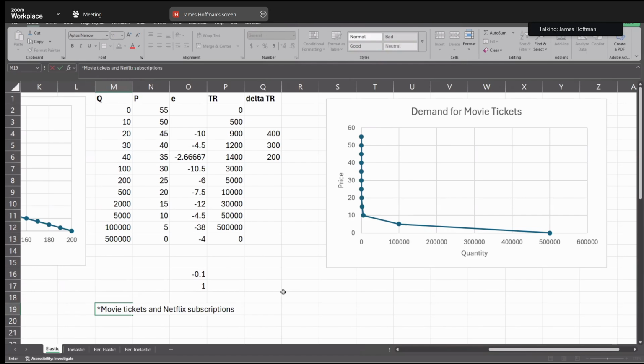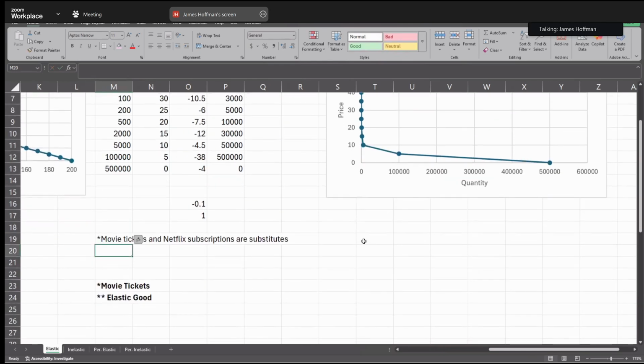Movie tickets and Netflix subscriptions are substitutes, right? Okay. So let's say that good X equals movie tickets. And then good Y equals Netflix subscriptions.